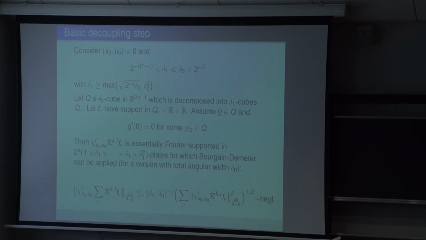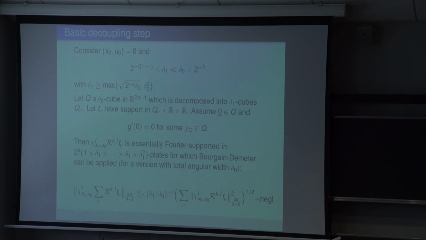And so I have just not Tom Wolff's inequality, but in fact the Bourgain-Demeter inequality. And it says that the LP norm of the sum of the pieces is dominated by the square function of the LP norms, where p is the Stein-Thomas index for restriction in R^(d minus 1).